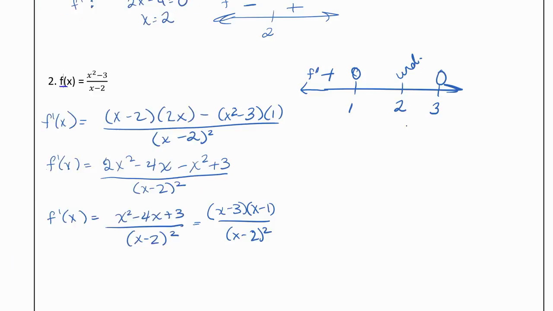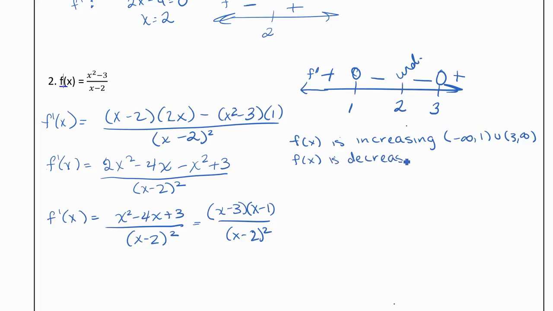So we're going to have positive, negative, negative, positive. So this tells us that f of x is increasing from negative infinity to 1 and from 3 to infinity, and f of x is decreasing from 1 to 2 and then from 2 to 3.